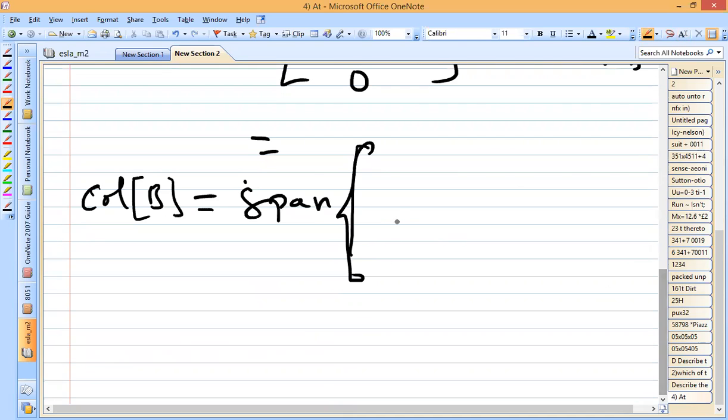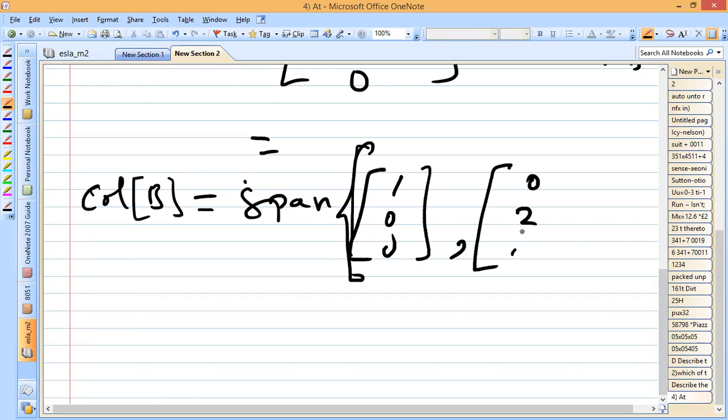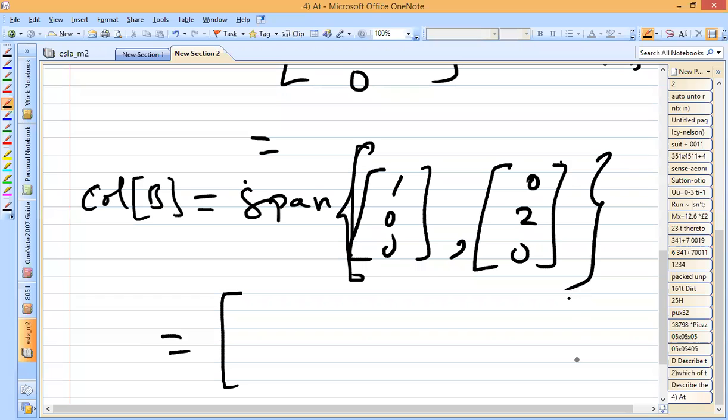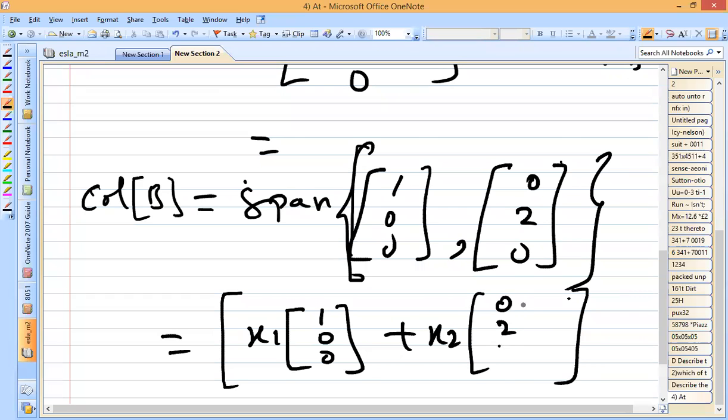Here the first column elements are 1 0 0 comma, second column elements are 0 2 0, right? And then multiply each with the elements. Here I can take x1 and x1 itself, 1 0 0 plus x2 0 2 0, where xi belongs to R.